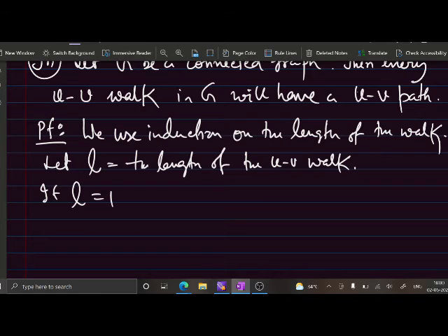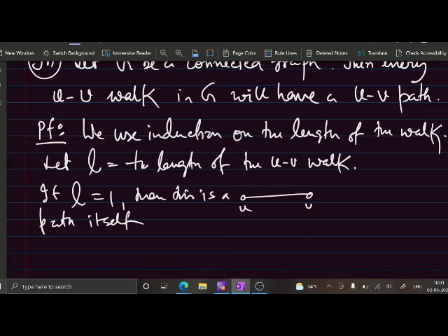That is, L is 1, that means this is your U, this is your V. So there is only one edge and there is no possibility of repeated vertices. Therefore this is a walk, and this is a path itself, and the theorem is true.